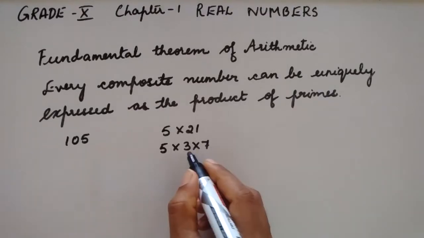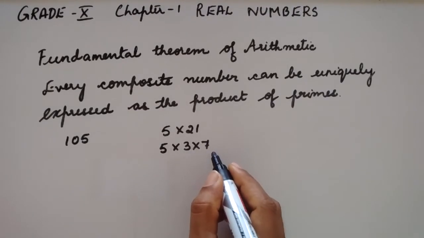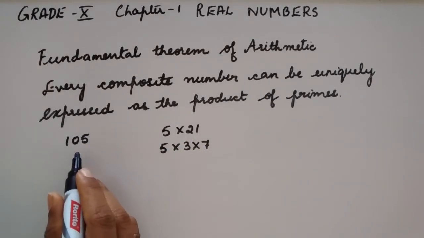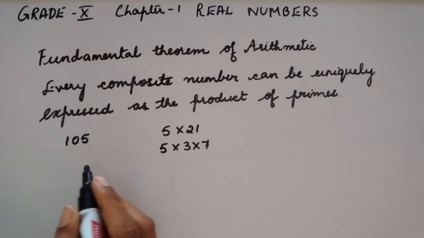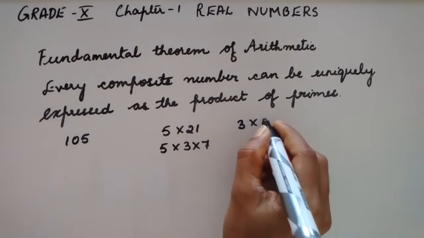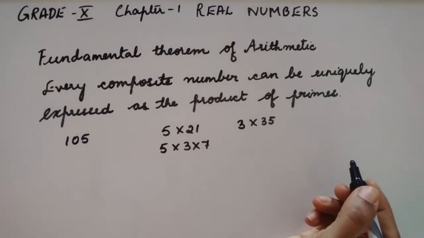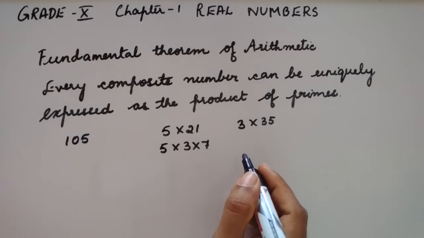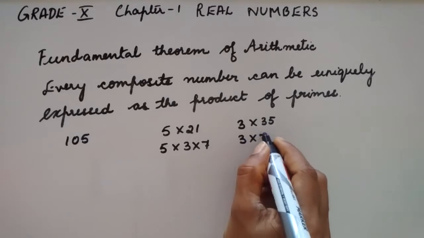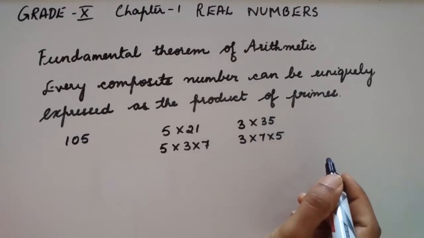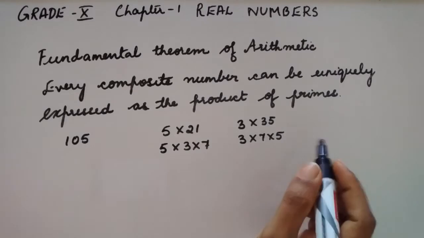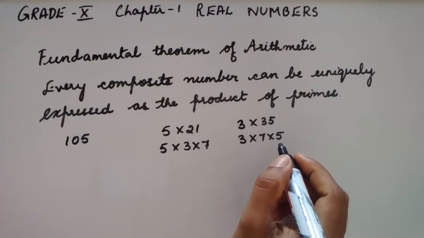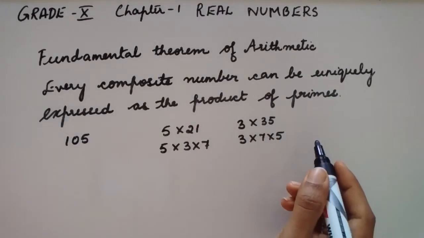So 5, 3, 7 are prime factors of 105. 105 can also be written as 3 into 35, and in terms of prime factors, we can write 3 into 7 into 5. So here also we find 5, 3 and 7 are the prime factors of 105.